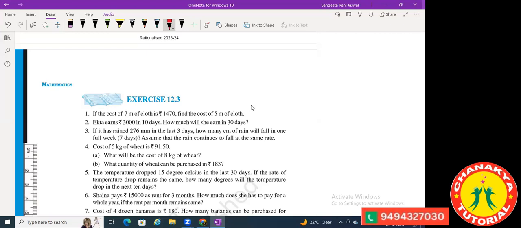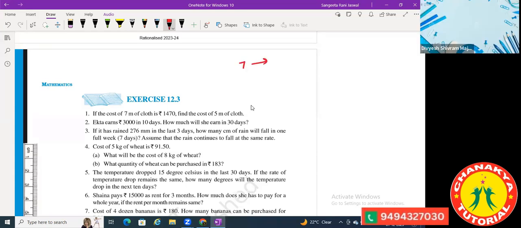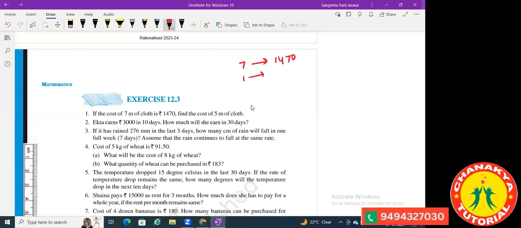So 7 meter of cloth, we should divide 1470 by 7. For 1 meter, cloth will cost you 1470 by 7. This much will be the cost of 1 meter of cloth.